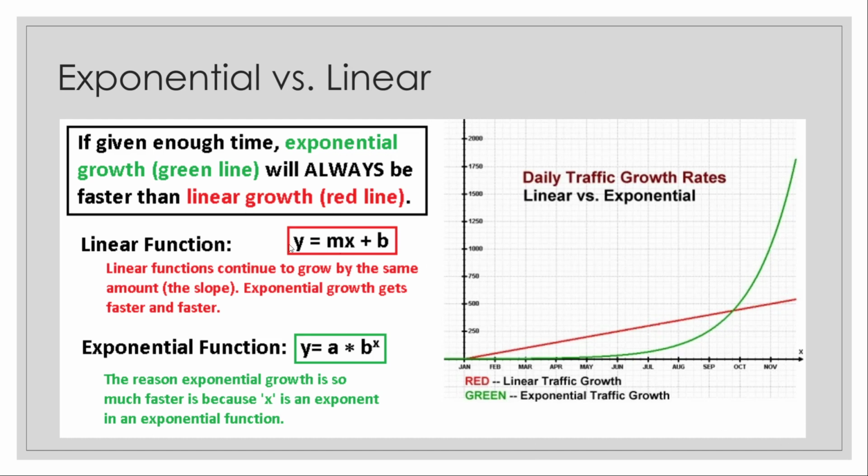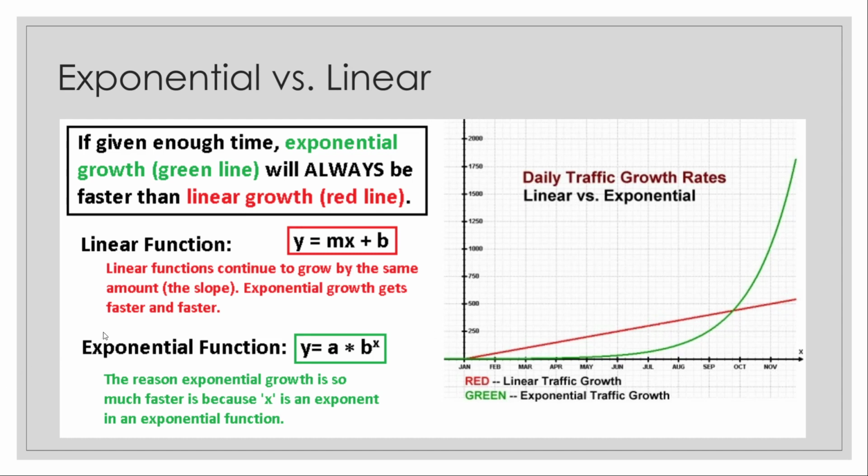Now, I want to talk a little bit about the difference between a linear function and an exponential function, though. Why do exponential functions grow so much faster? Because if you look over here, you even see this exponential function, it does start off very, very tiny. This linear function is blowing it out of the water for several months at first.